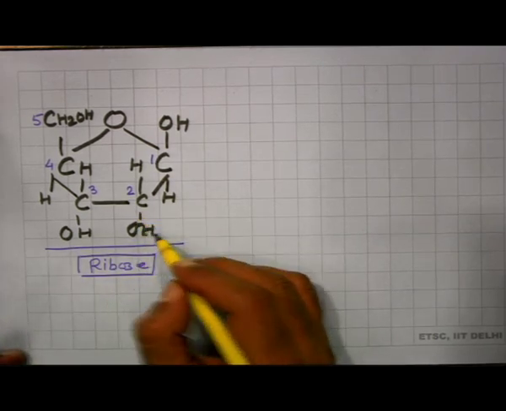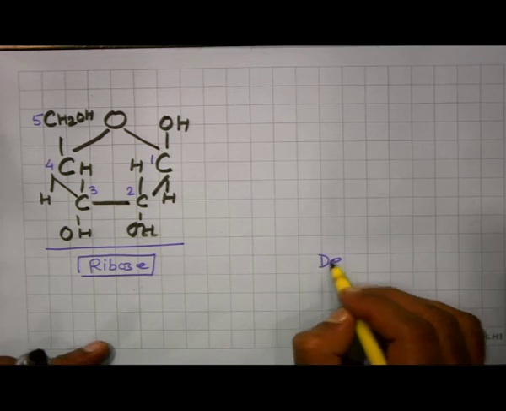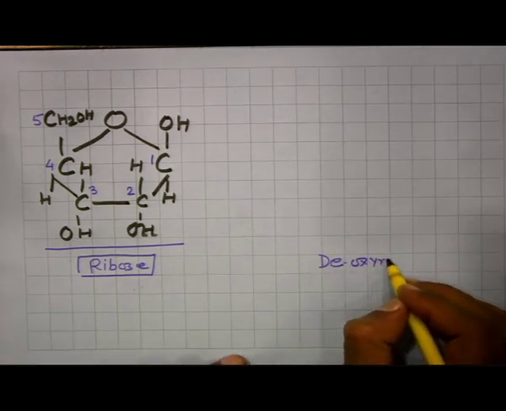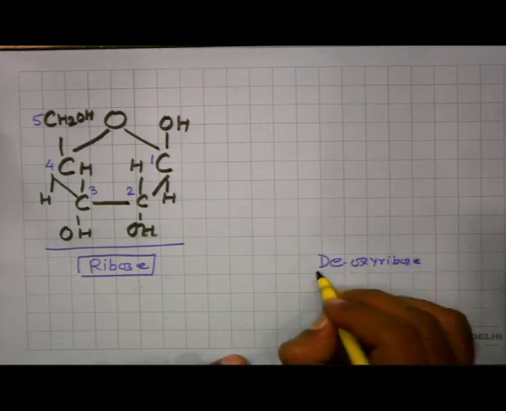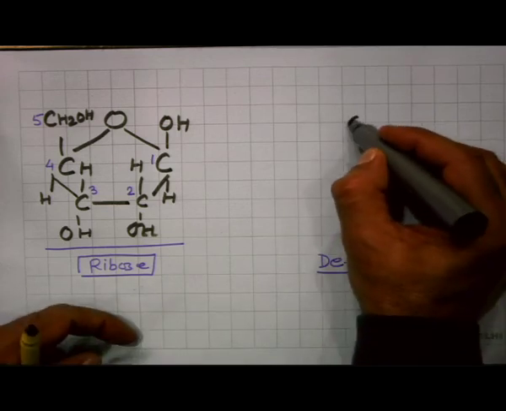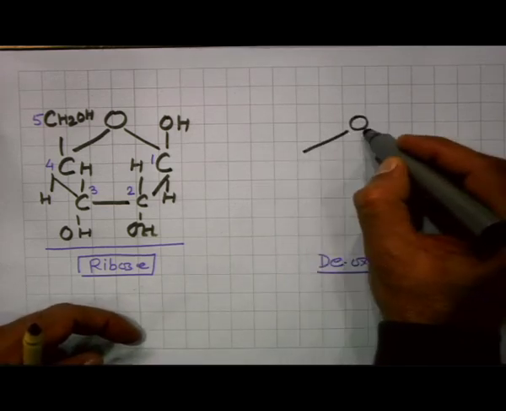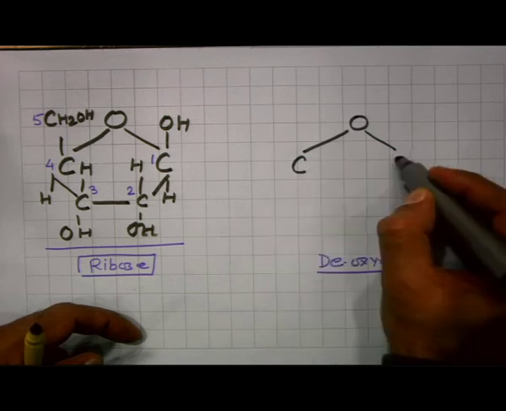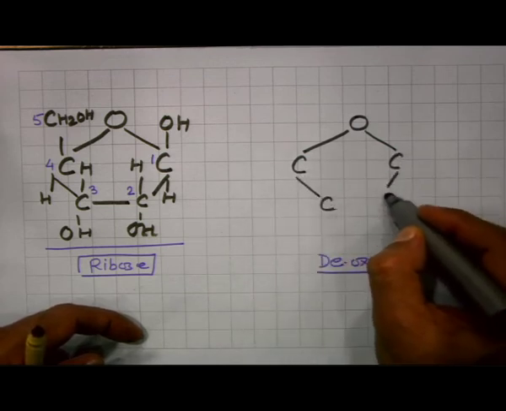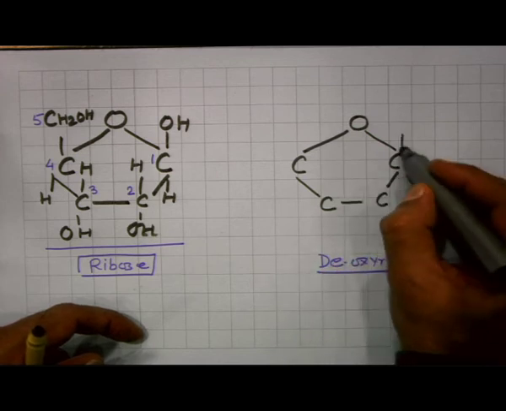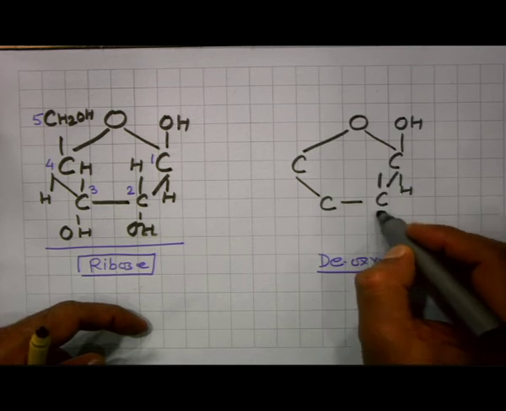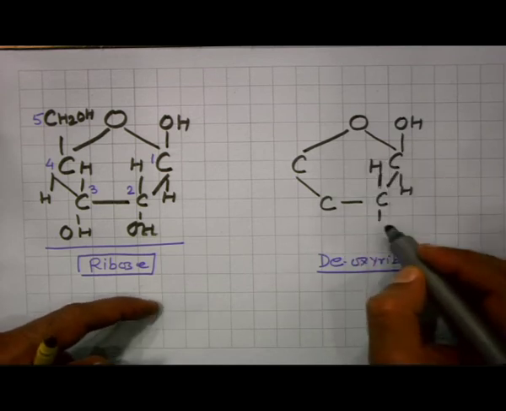At the second position, at the time of writing deoxyribose, we can easily write the structure. Here OH, H; at the second position one oxygen is deleted.